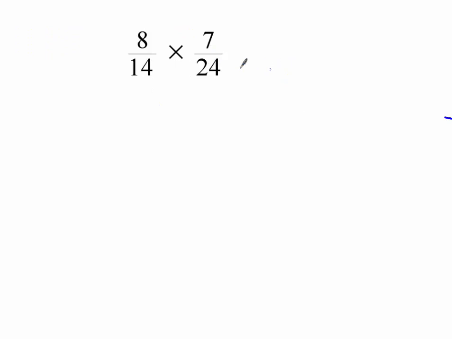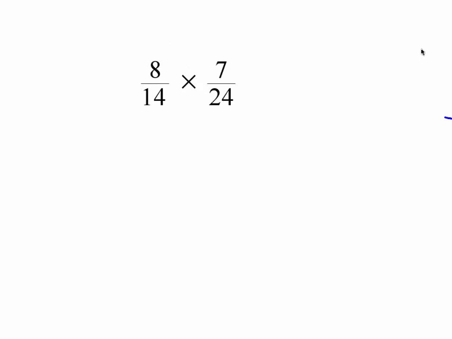Let's look at a typical example of this question here. 8 out of 14 times 7 out of 24. With this, 8 has something to do with 24 because 8 is a factor of 24. So I can reduce this 8 by itself, and 8 can reduce 24 to 3. 7 is also a factor of 14.